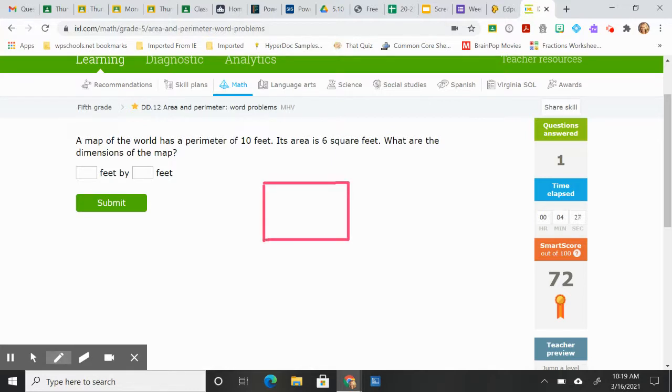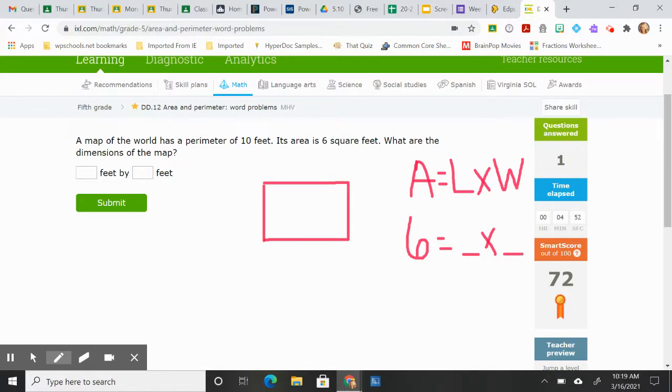These are all talking about rectangles or squares. So if the perimeter is 10 and the area is 6, we know that the area is length times width. Okay. So 6 is our area. So what times what is going to give us 6?